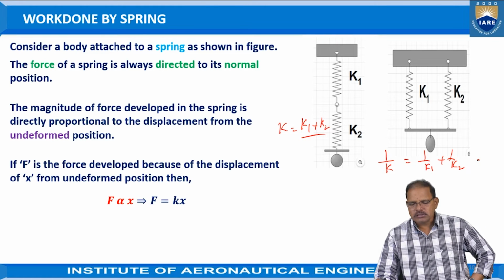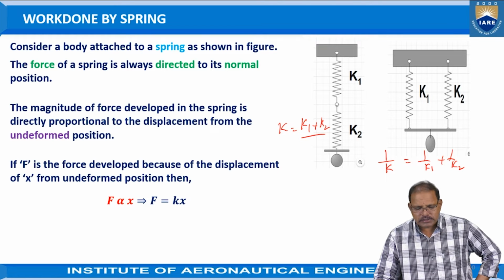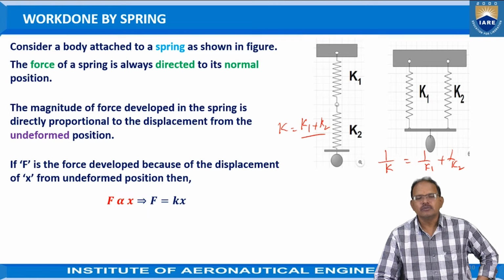Using this relationship, we can determine the equivalent spring constant. After determining k, the spring constant for the system of springs, we can determine the amount of energy stored within the object, or its capacity to do work.